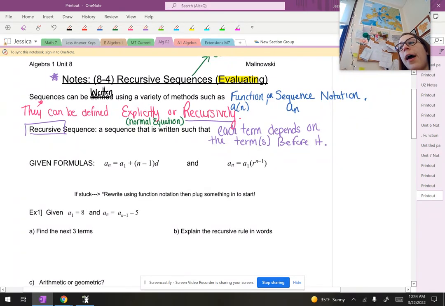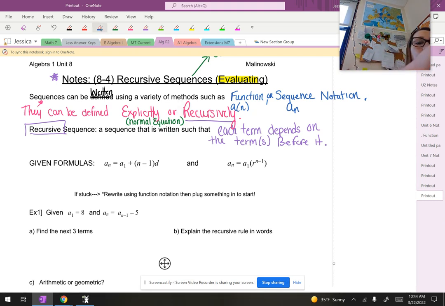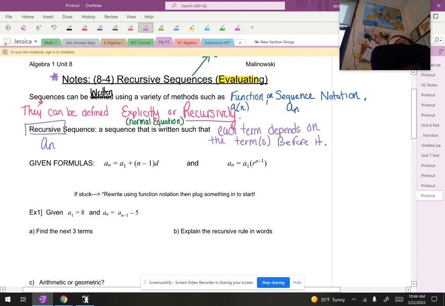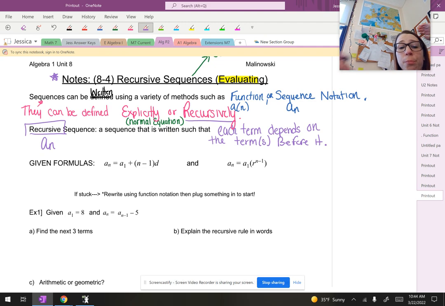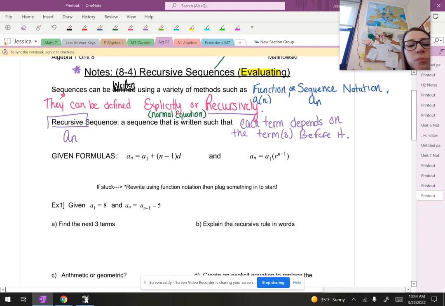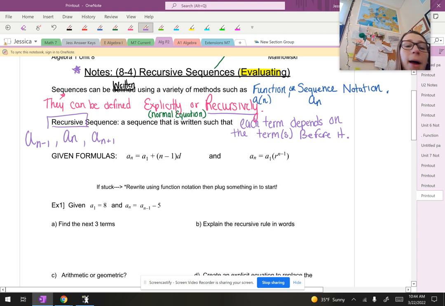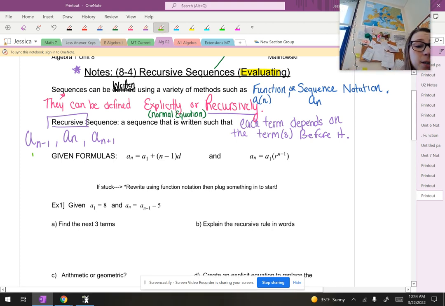It talks about that quote unquote previous term. So if we're starting with A sub n, the term before that would be A sub n minus 1. A sub n minus 1 is that previous term.